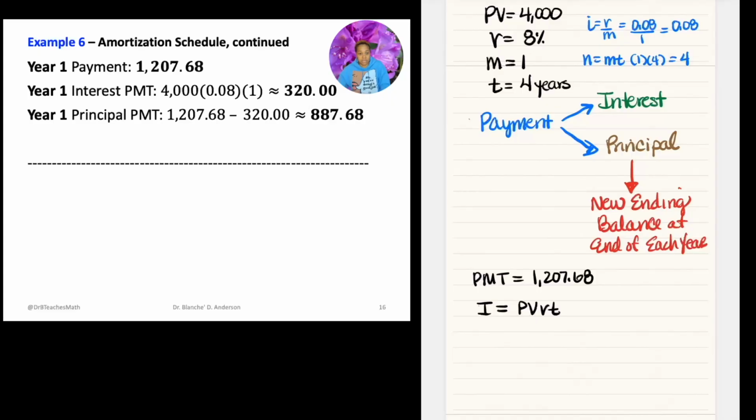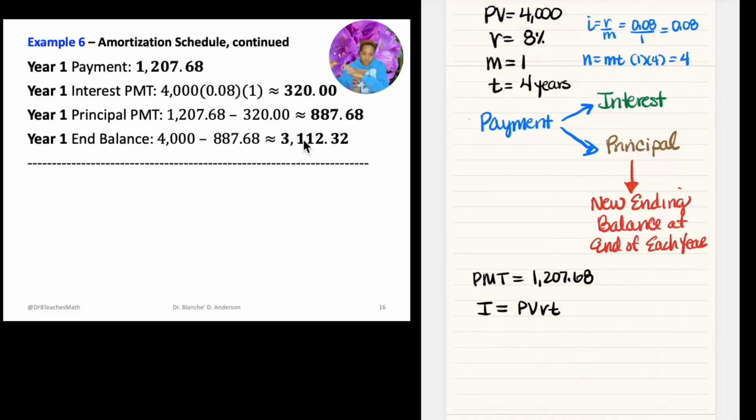I hope that makes sense. And then your ending balance is $4,000 minus only what was paid to the principal. You don't get to subtract what went to the interest, because that goes to the financial institution. What goes to the principal is what you paid to the principal. Okay, so then this is your new balance at the end of year 1.